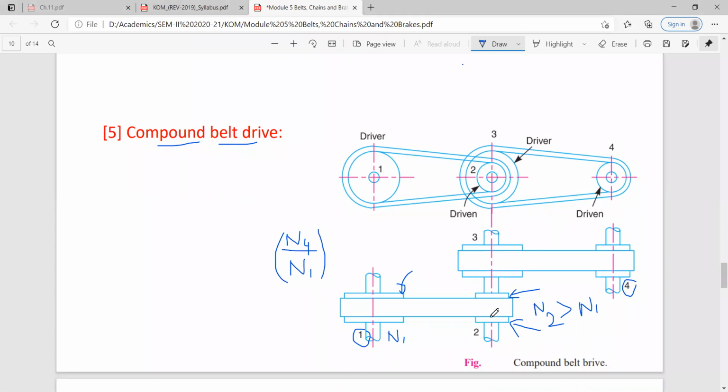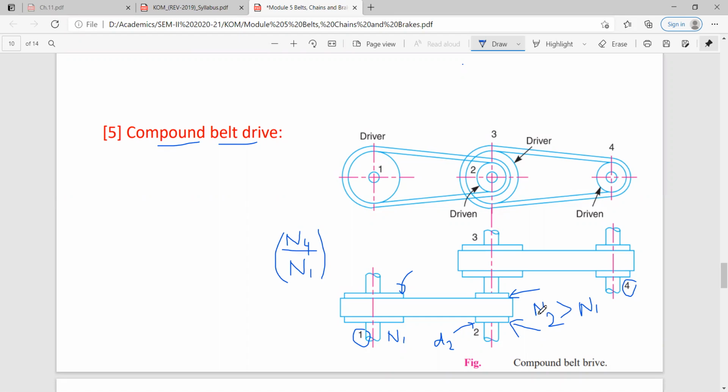So definitely, as the diameter of the driven pulley is less as compared to that of the driving pulley, the RPM of it will be more. We are neglecting the slip present between them.